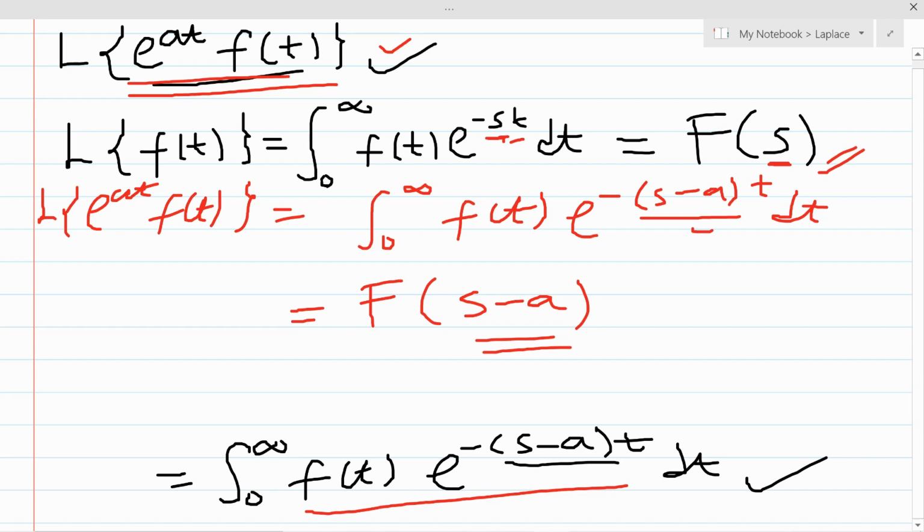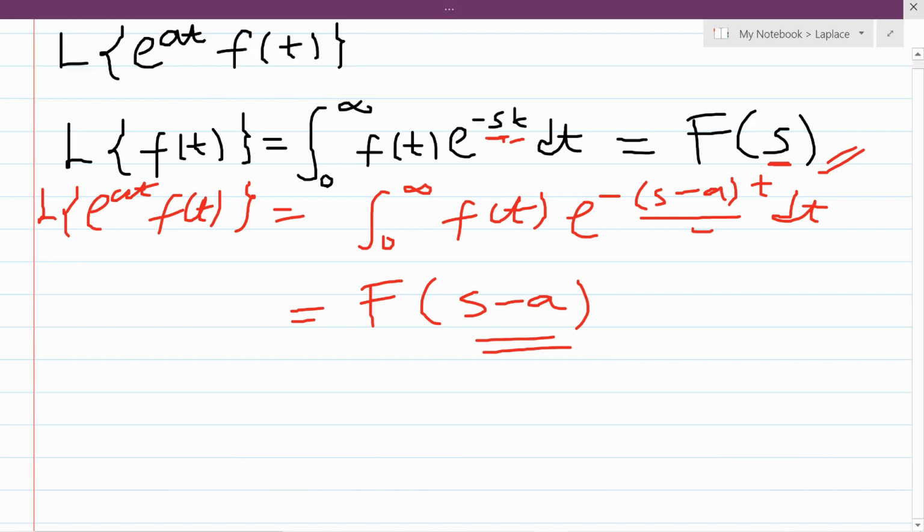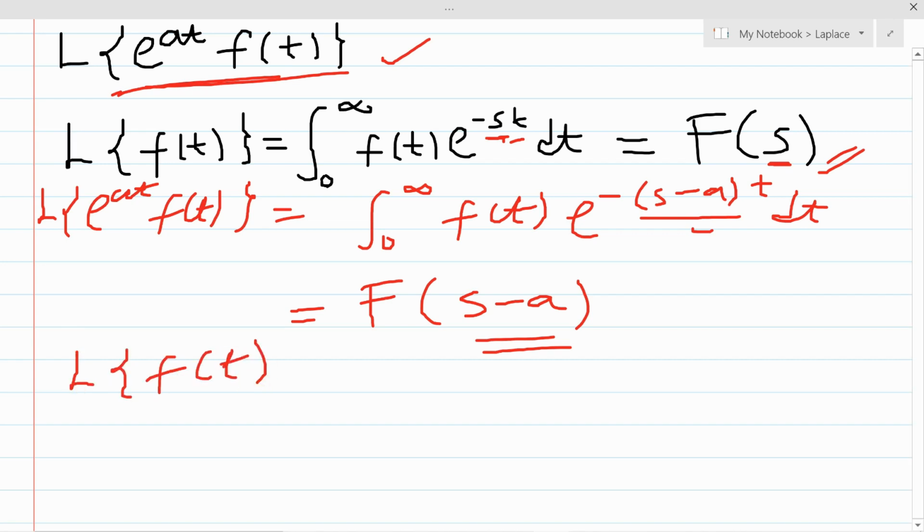then the first step is to compare the question to this one and find our f of t. Given a function like this or a question like this, determine your f of t in it. Then find your Laplace of f of t, which will give you capital F of s.